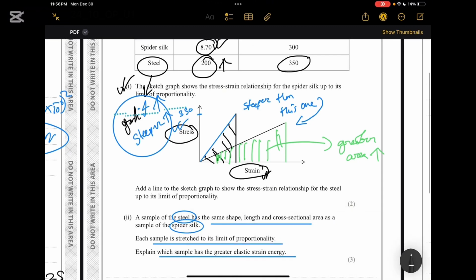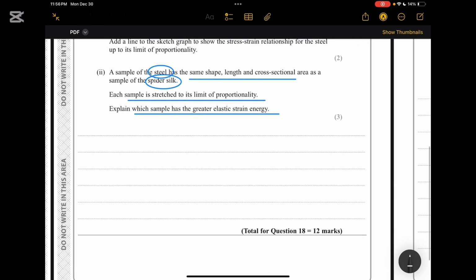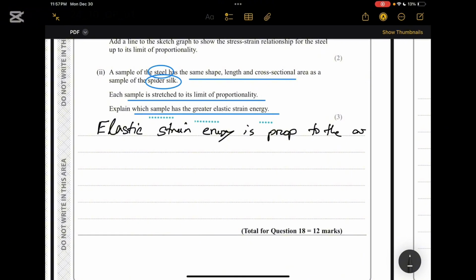So let's go and write it down there. We can write elastic strain energy is proportional to the area under the graph.